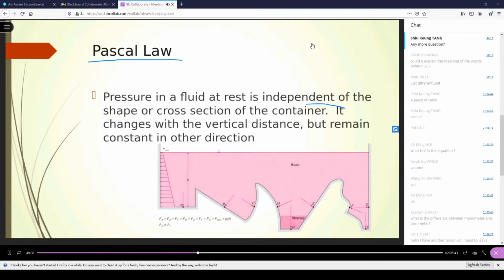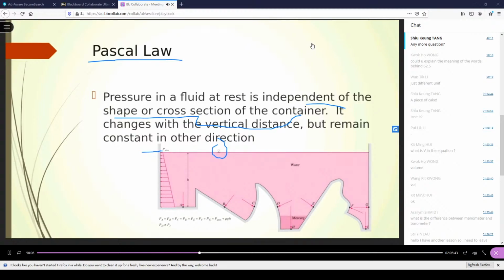of the container. For example, you have a container with a very funny bottom profile, very interesting, and it's water. This is the height datum, the reference, and atmospheric pressure is here.